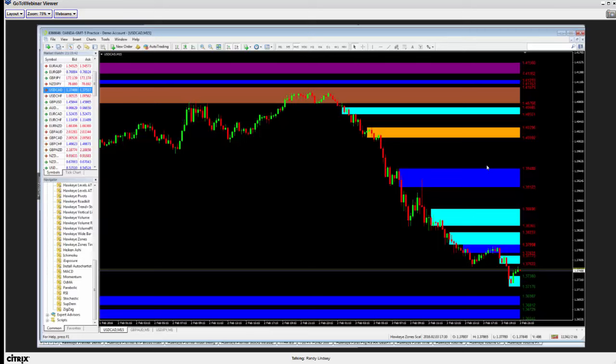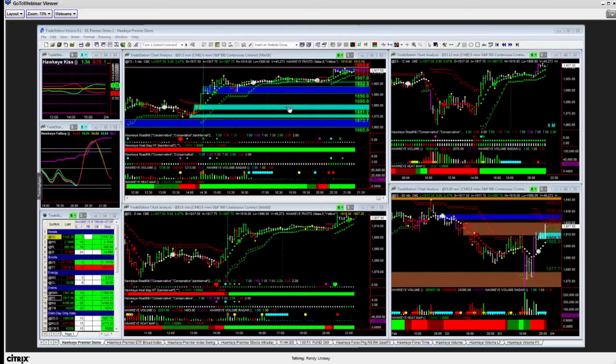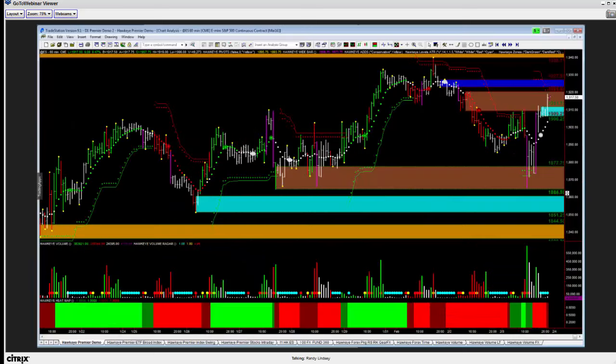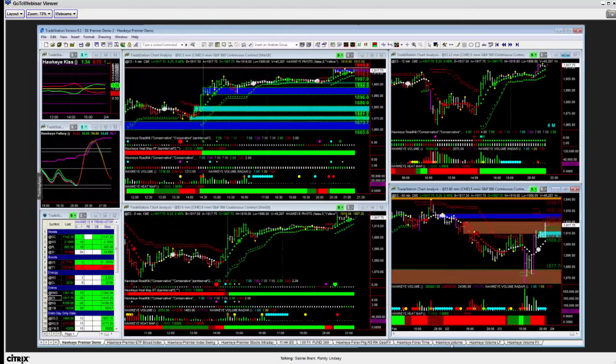Can other indicators be in the chart with this? Absolutely. That's what I was showing you on the other charts, that you can see quite a few other indicators being plotted in line with the existing tools. You can also use any other indicator if you like trend lines, Fibonacci's, or whatever you like to add, and they absolutely can be used along with the zones.